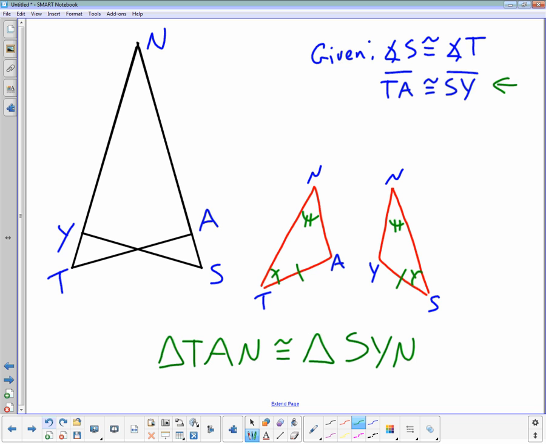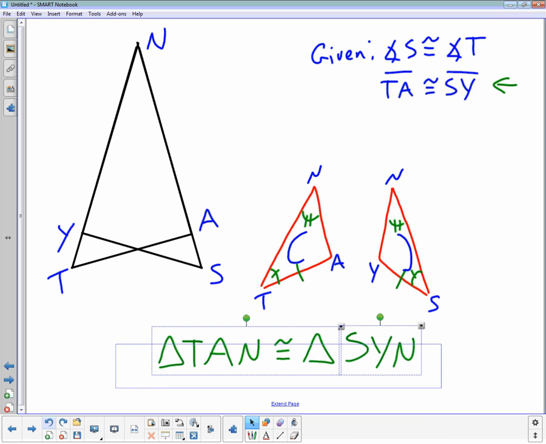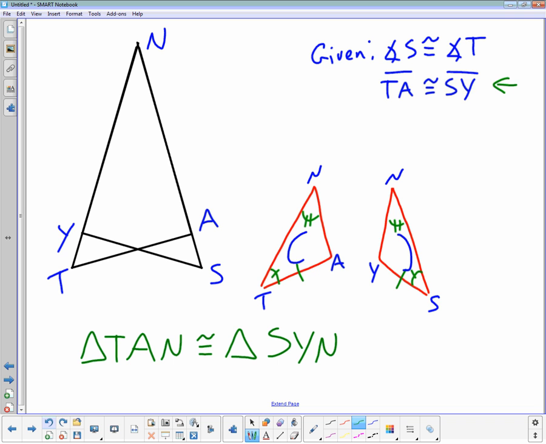By side angle. Angle, angle, side, or side, angle, angle. Either way, you could have gone this way or that way. It wouldn't have mattered to me, because it is angle, angle, side. They're the same thing. It doesn't matter what order it is.